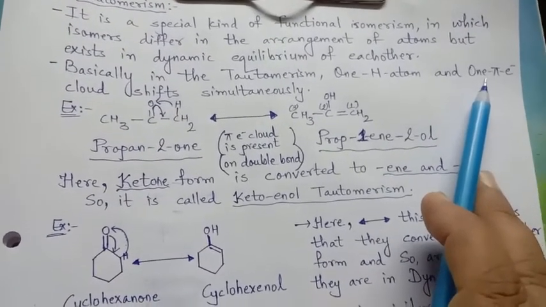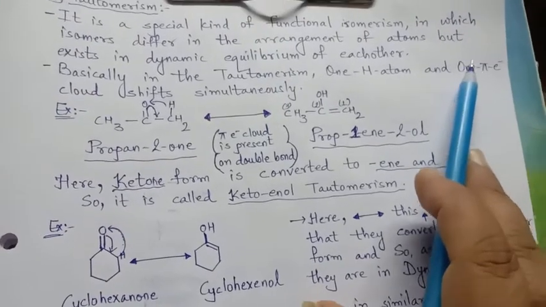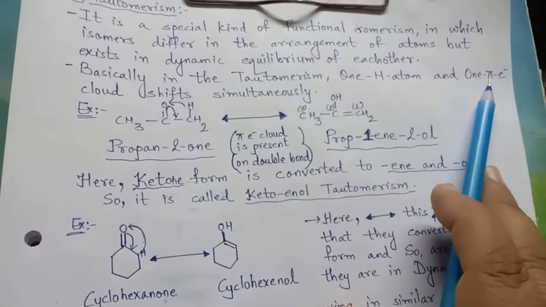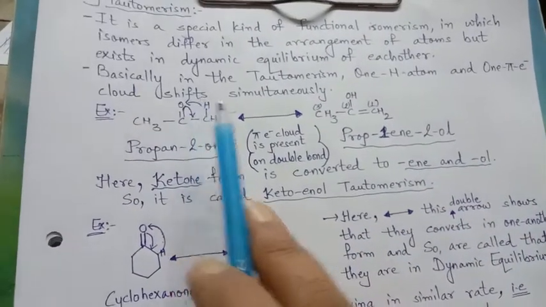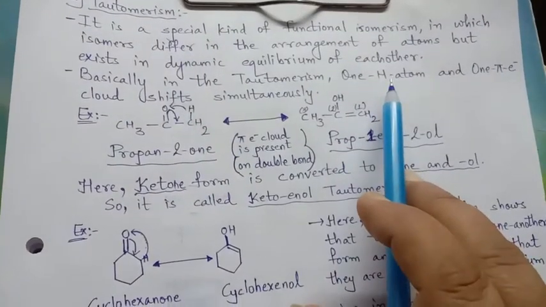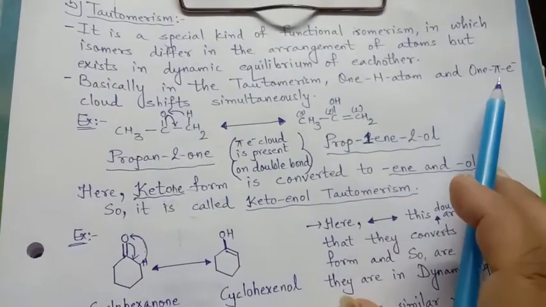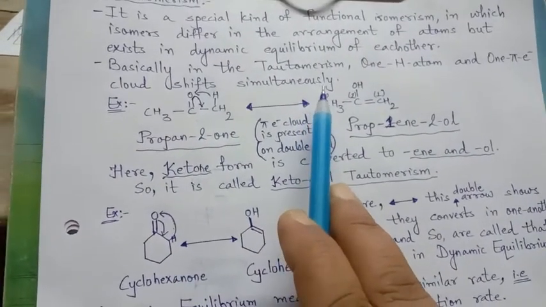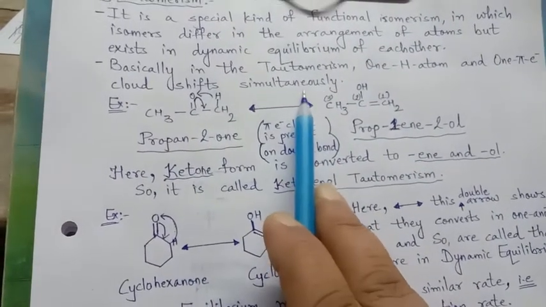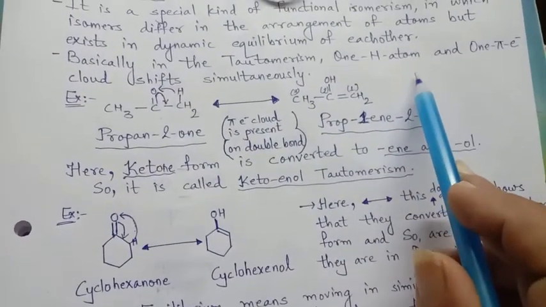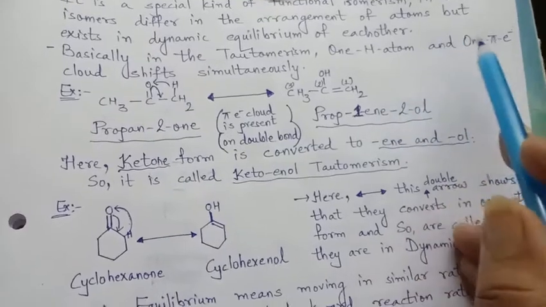On that double bond, the cloud of electrons is termed the pi electron cloud. Shifting means to move from one place to another. So the hydrogen atom and the pi electron cloud will shift simultaneously, meaning both at the same time. If one is going from here, at the same time the other will go from there.